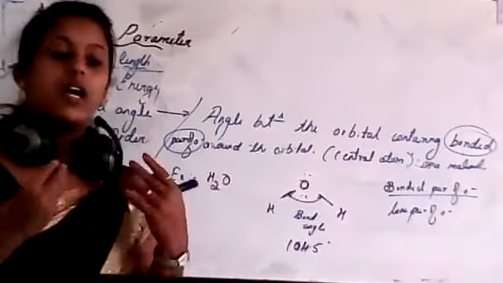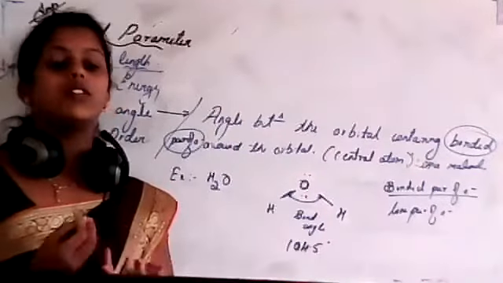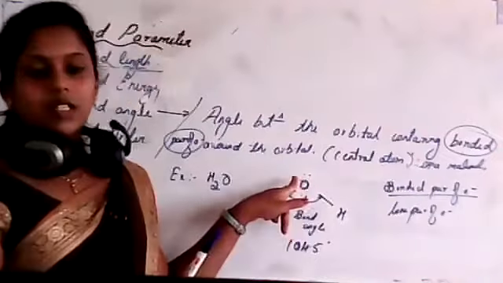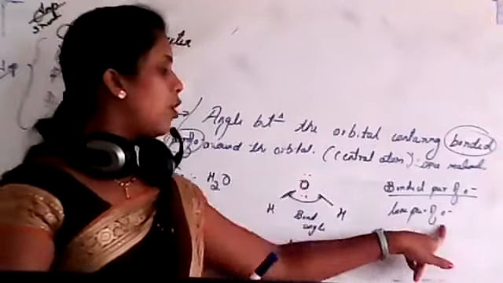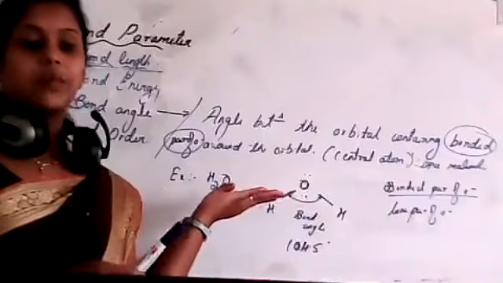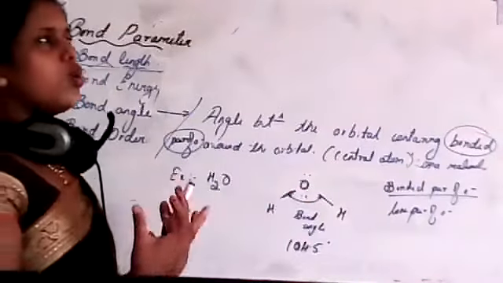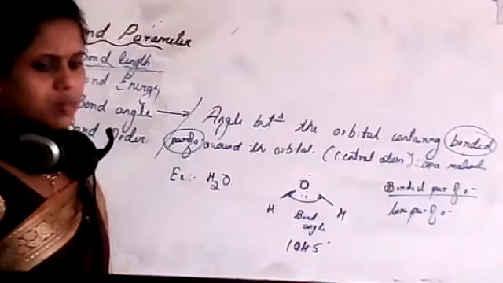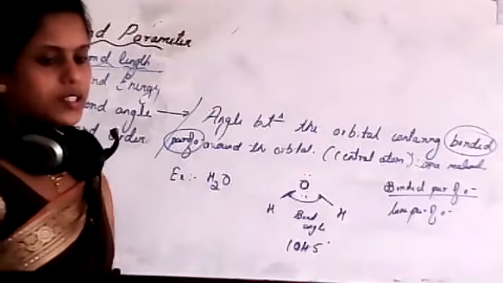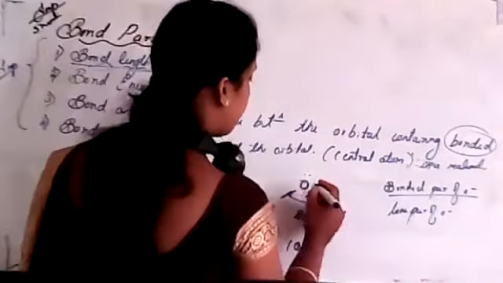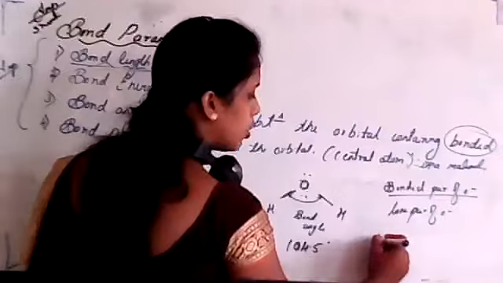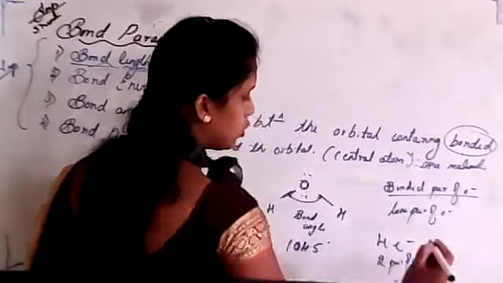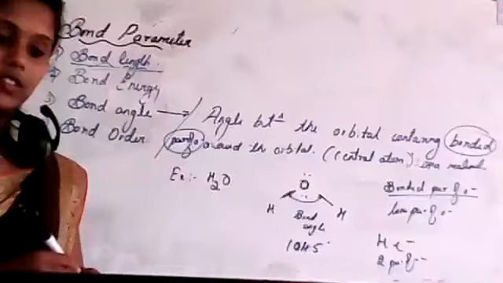How many lone pairs does oxygen have? Total number of electrons is 4, but it is 2 pairs of electrons.